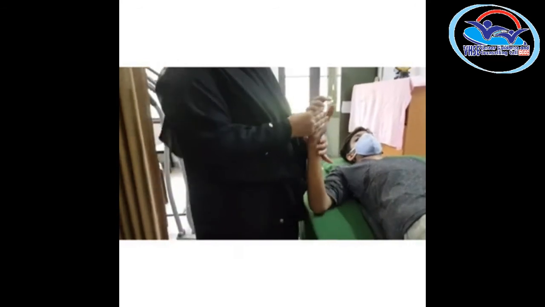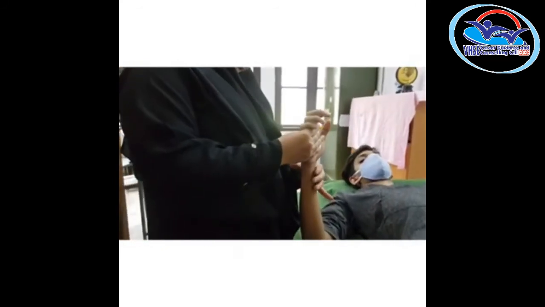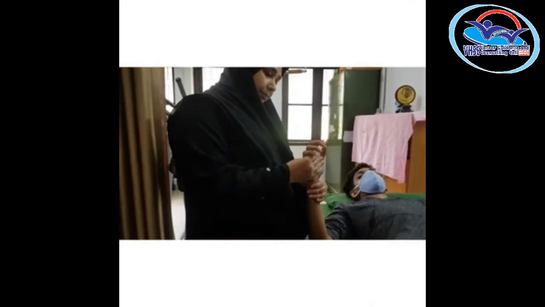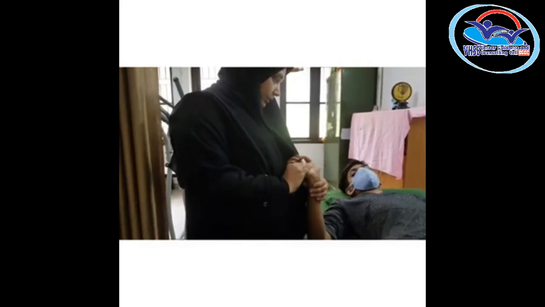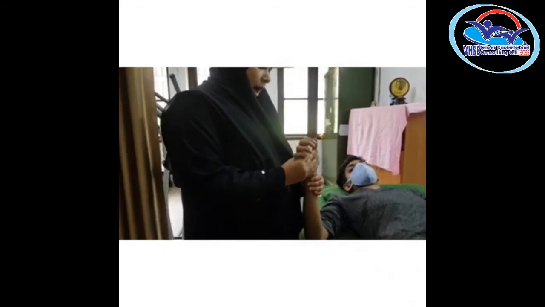Next, the movements of the wrist. See, we are holding on the inferior aspect of radius and ulna and the palm. See, my thumb is on the posterior aspect of the forearm and all the fingers are in front. This is flexion, extension of wrist. Flexion, extension, ulnar deviation and radial deviation.